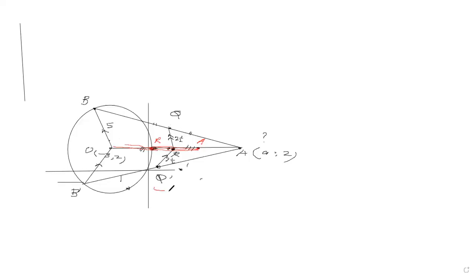So the distance from A to R will be 5, because R is the midpoint of AO. So the distance from A to R will be 5.